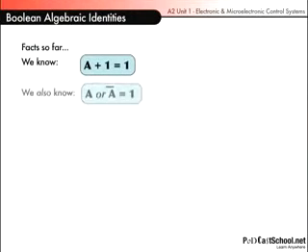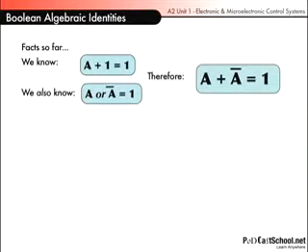We know that A ORed with a 1 gives us a 1. And we also know that A OR A bar, and remember A bar is the complement of A, equals 1. Okay? So by putting both of those together, we can deduce that A ORed with A bar must equal 1.